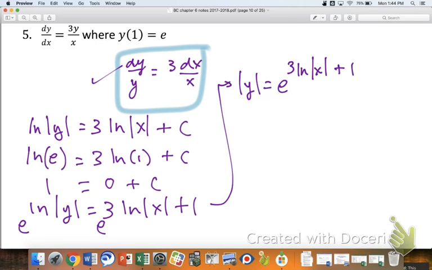And then my final decision would be, what do I do with the absolute values? If I think about my initial condition, e is positive, and the input is just a y, and so y is already positive, and so the absolute value of y will just be a y. So y equals e to the 3 ln absolute value of x plus 1.